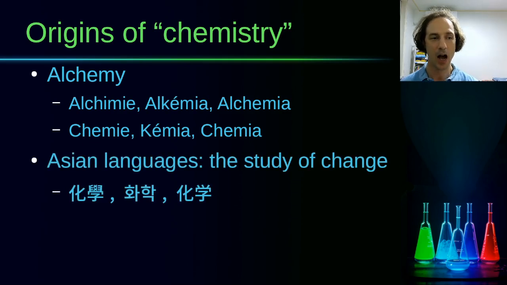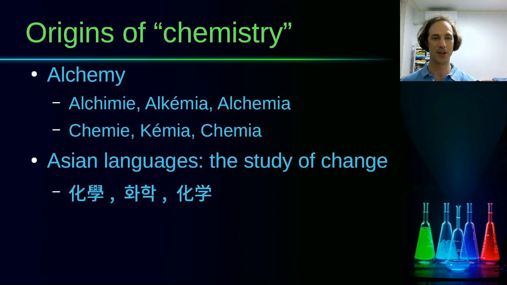I really like how Asian languages form the word chemistry. In Chinese, the characters confer the meaning of the words, so even though the pronunciations change over time, we can still look back at the characters themselves and deduce the root of the word, the etymology of the word.